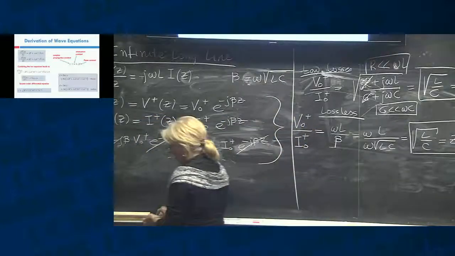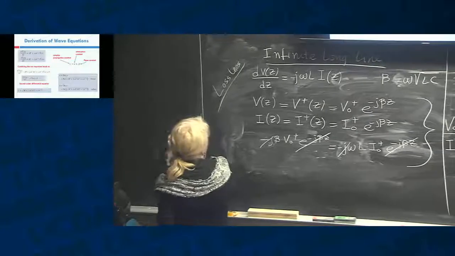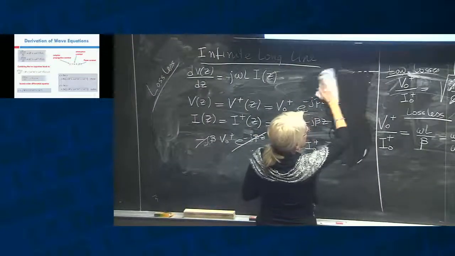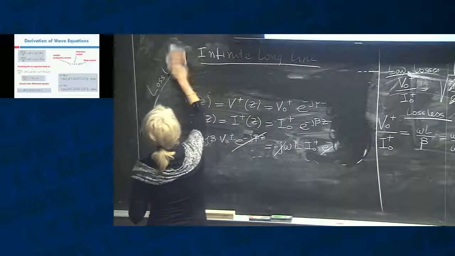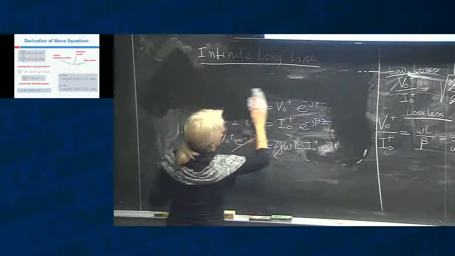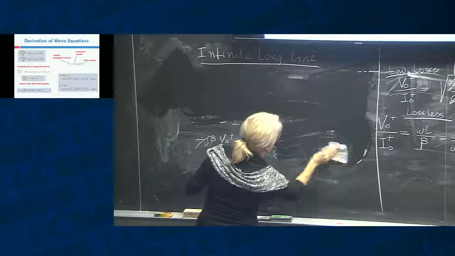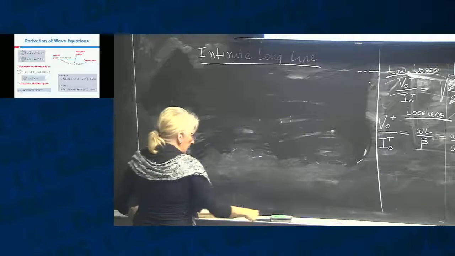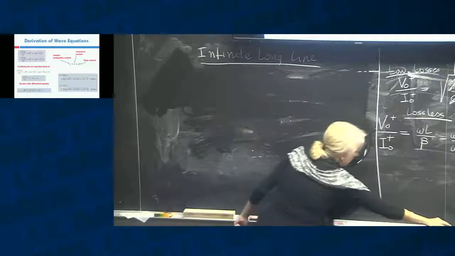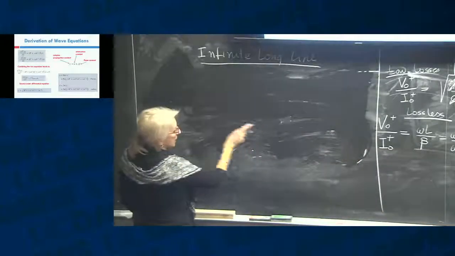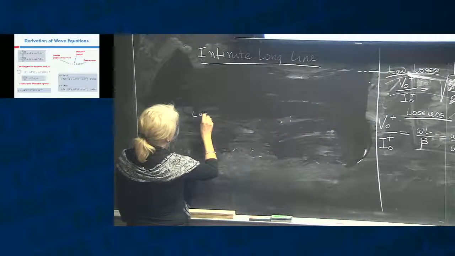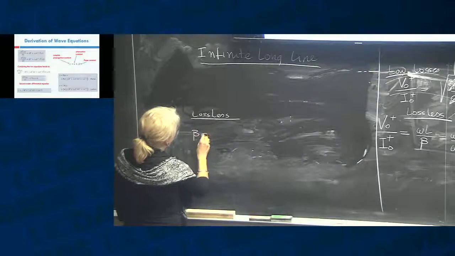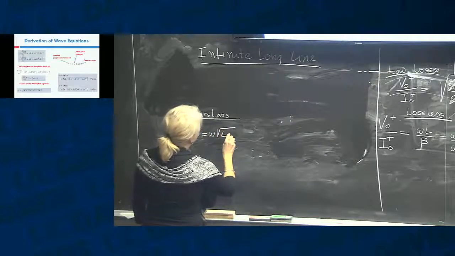So now I can go away from this, and I can say the following. We found that if it's lossless, beta was omega square root of LC.